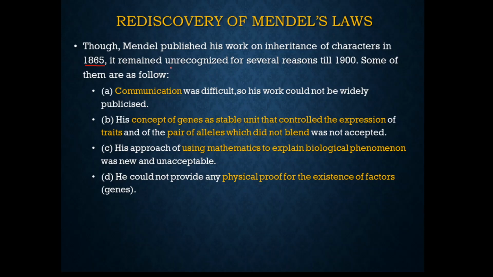Unrecognized means it was not identified, or it did not come to light for several reasons and for several years. It came to light only in the 1900s, almost 35 years after his publishing. There were various reasons for this neglect.